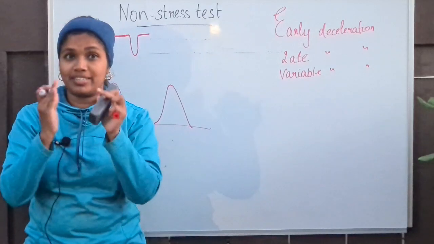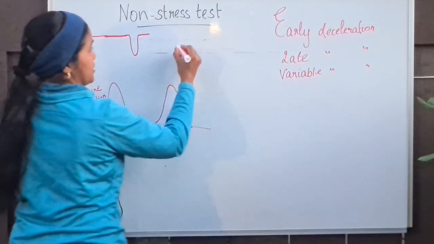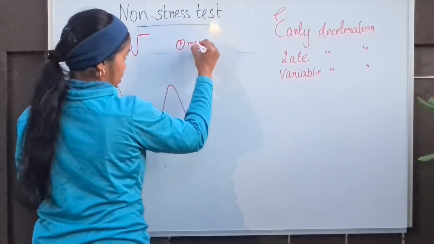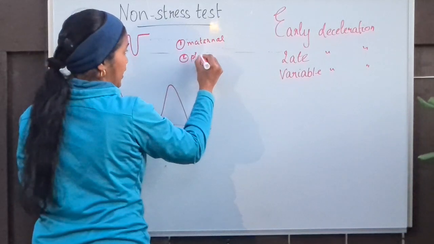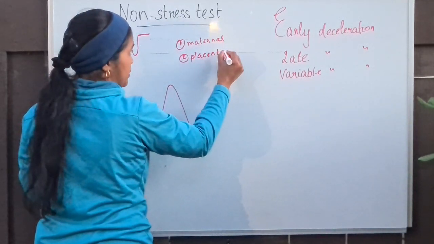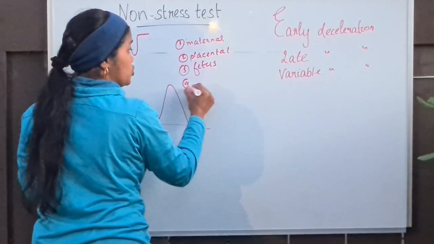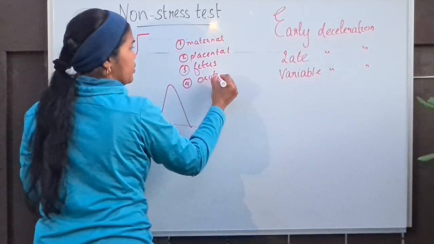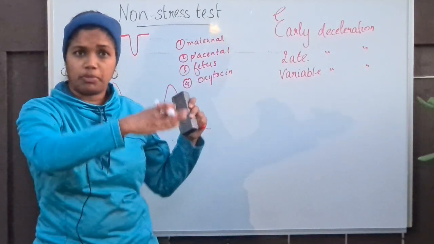That uteroplacental insufficiency can happen because of four main categories of reasons. It can happen because of maternal reasons, placental reasons, the fetus per se, or it can also happen because of oxytocin. So you can think of all the conditions which will compromise the oxygen supply to the fetus.